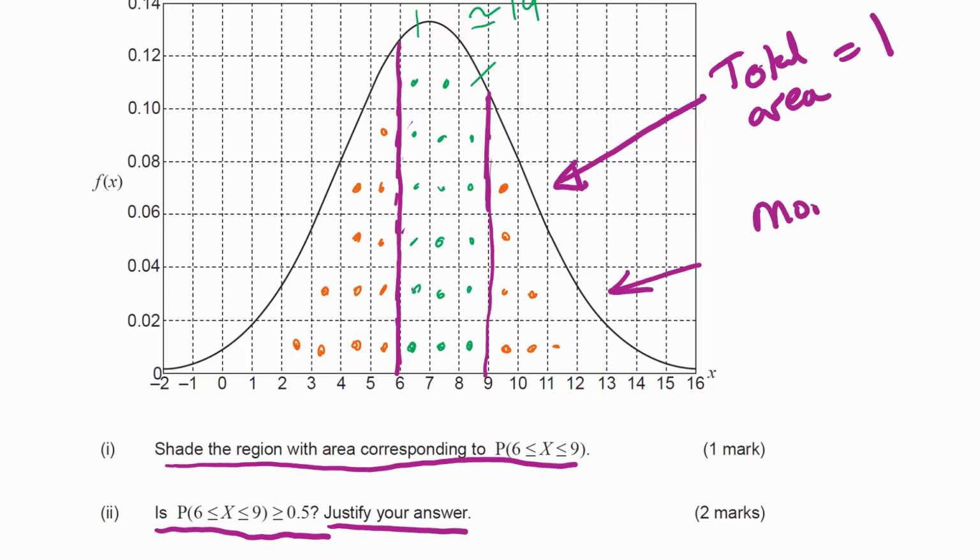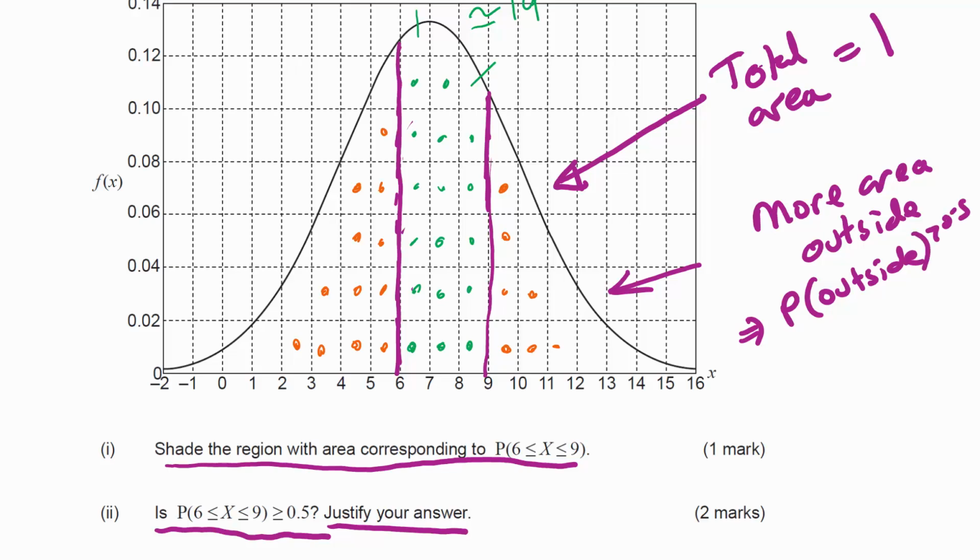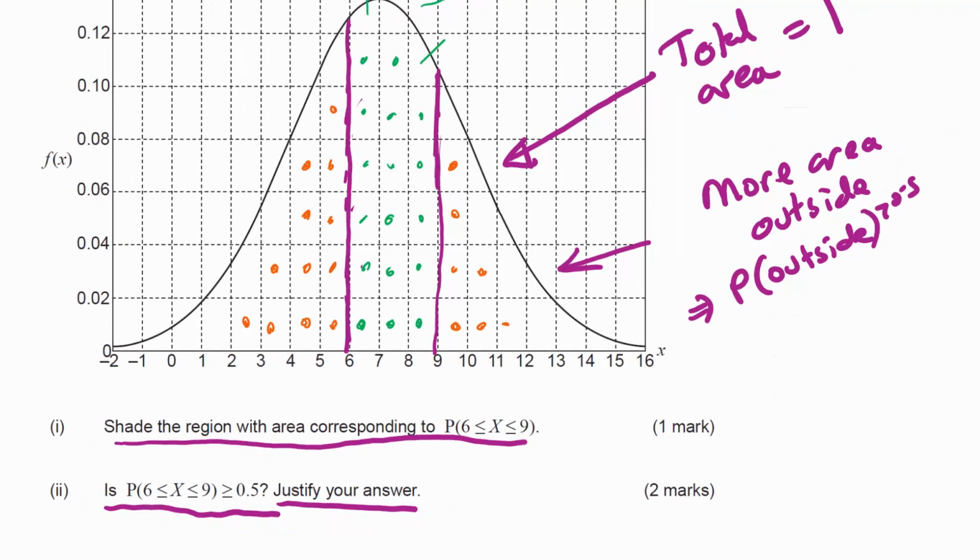So more area outside implies that the probability of the outside is more than 0.5, and that means that this probability here must be actually less than 0.5.